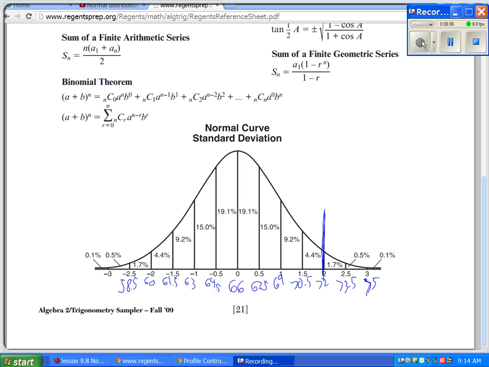For percentile rank, it starts here at 0, then it goes all the way over here to 100. So what I want to do is get everything over here. The easiest way to do that, when you're above the mean in percentile rank, is just add up everything to the right and then subtract it from what? 100.